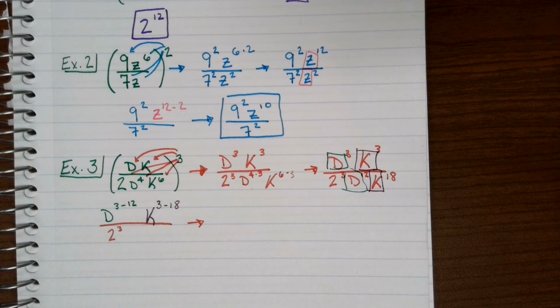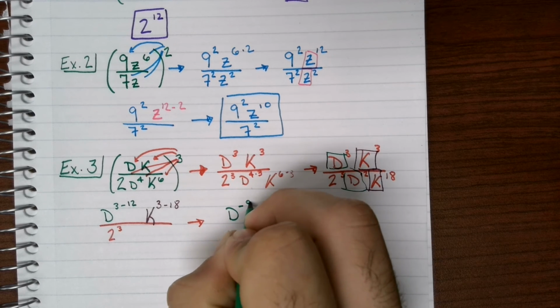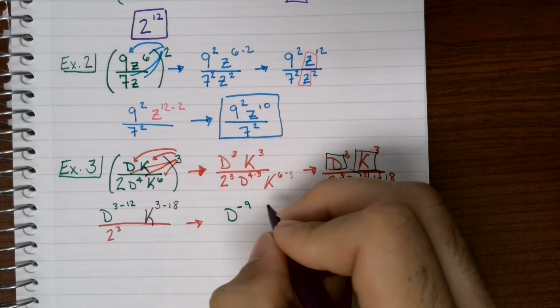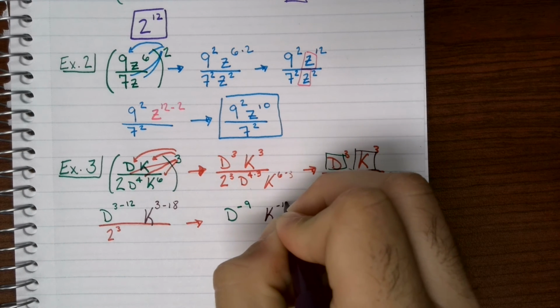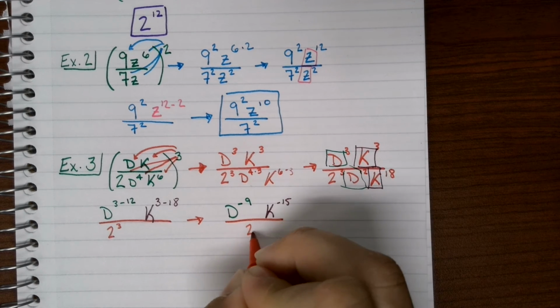Oh. Is what? Negative 9. So d to the negative 9. What's 3 minus 18? Negative 15. K to the negative 15. And all that is still over 2 to the third.